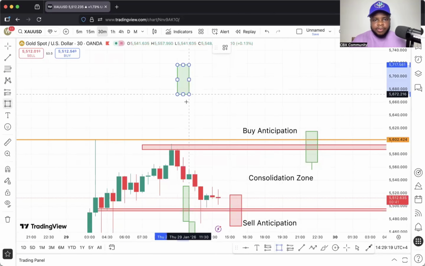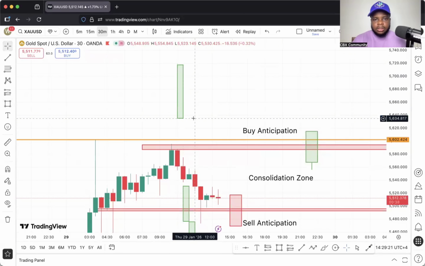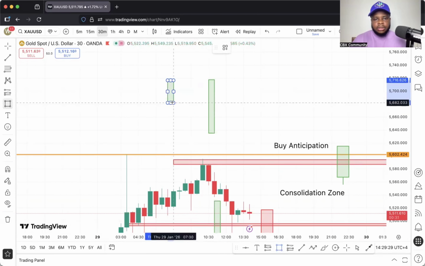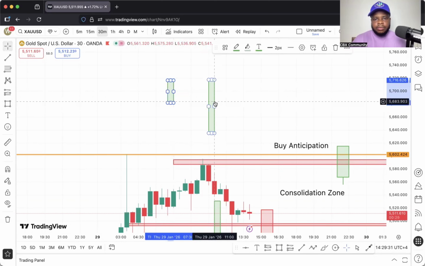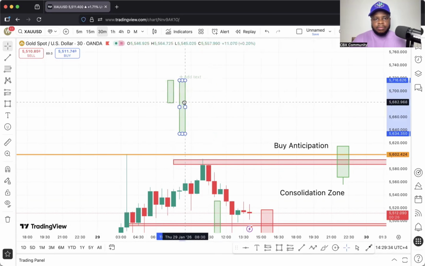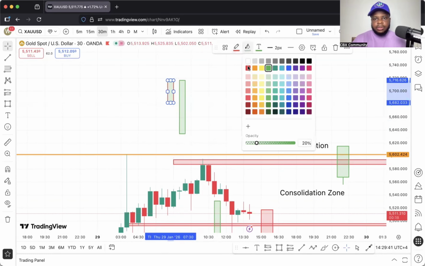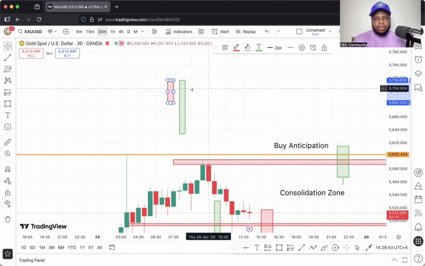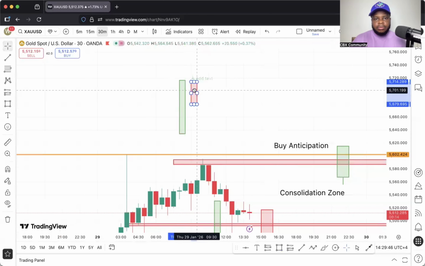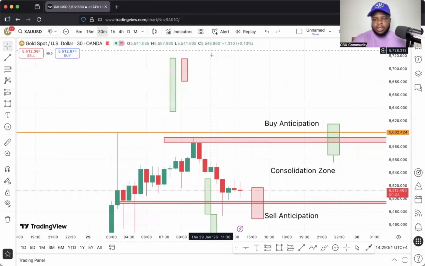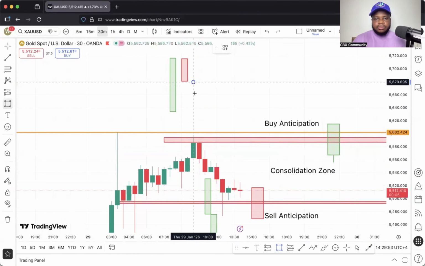So we have a bullish candle like this. We have a bearish candle like this. You have a bearish candle like this. Let me change this to red. So we also have a bearish candle like this.